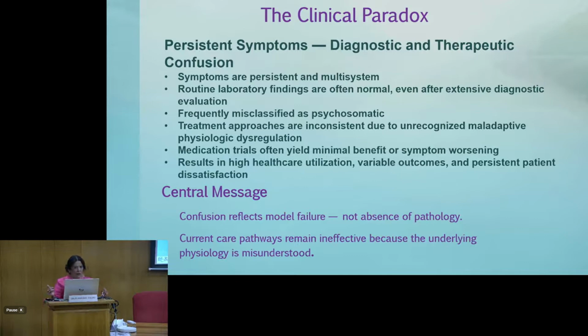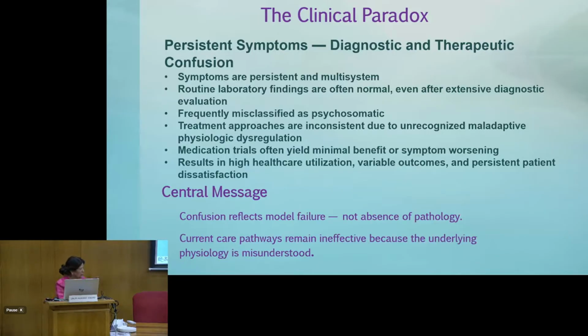confusions. In spite of symptoms being persistent and involving multiple systems, the routine laboratory testing is normal. Even after extensive diagnostic evaluation, there is no answer, and therefore they are misclassified as psychogenic.